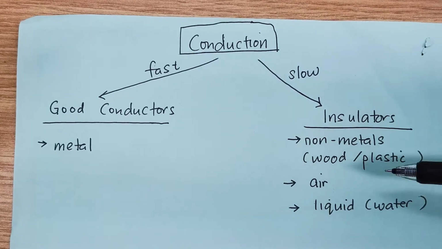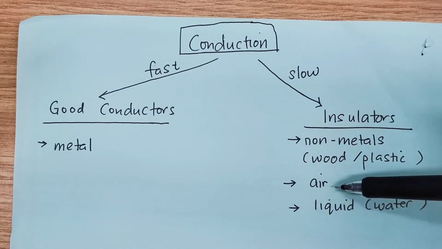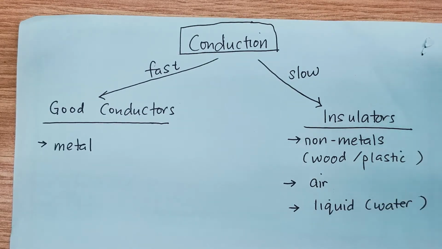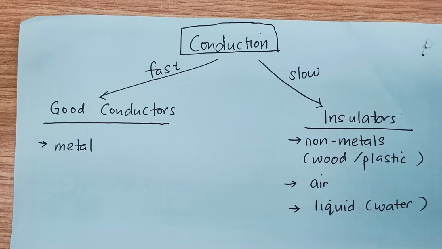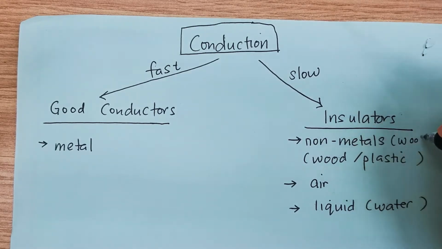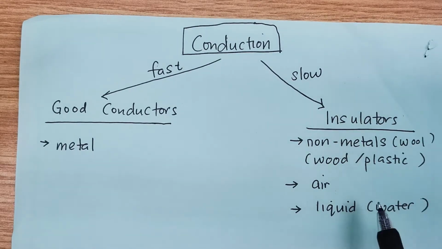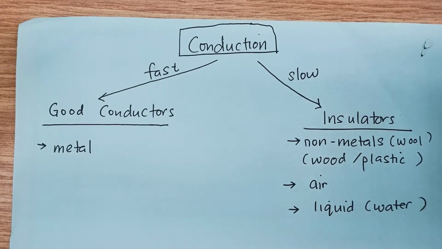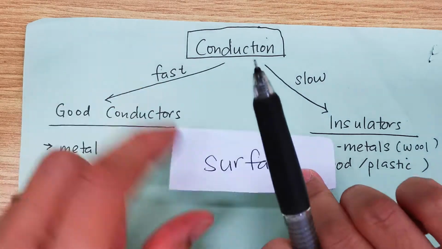An insulator will be liquid or gas. And solids can also be insulators, like wood, plastic, or anything that traps air, for example, wool, feather, styrofoam, right?